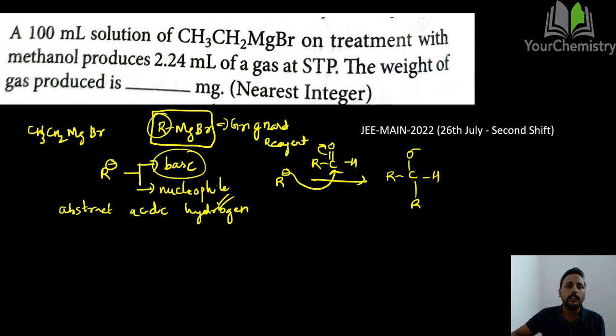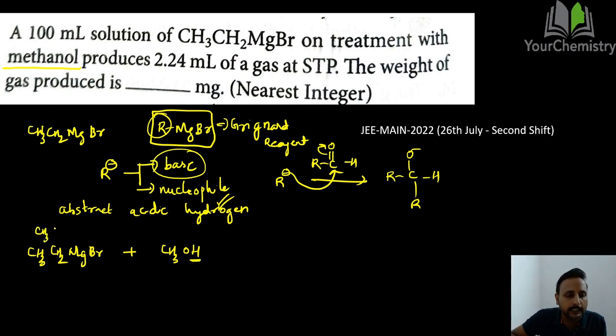Keep this in mind. So I am taking the compound as per the question, CH3CH2MgBr, which is reacting with CH3OH, methanol. You can see that methanol contains an acidic hydrogen.